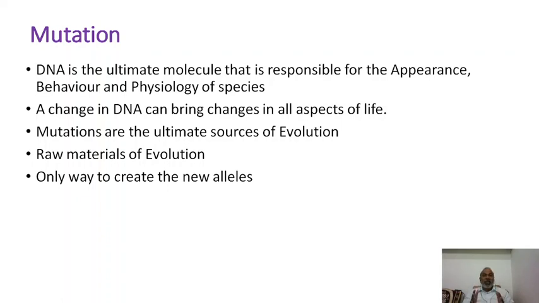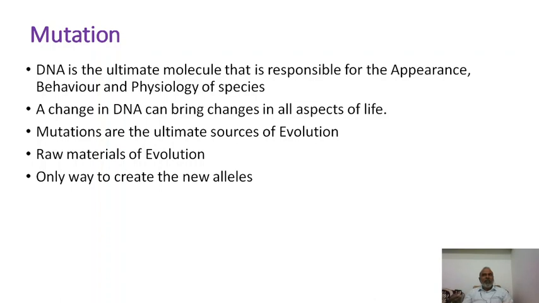Okay, mutations are the ultimate sources of evolution. They are the raw materials of evolution, and it is the king's way of evolution, because mutation is mainly responsible for the evolution. What Darwin explained as variations are actually replaced in modern synthetic theory by the word mutation.